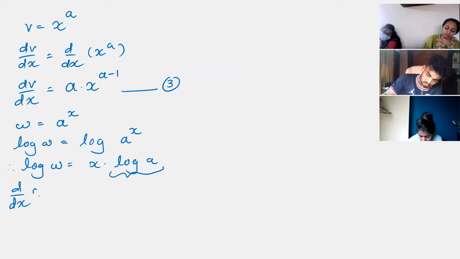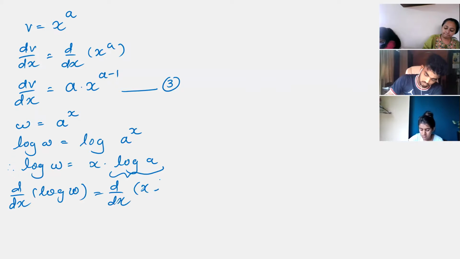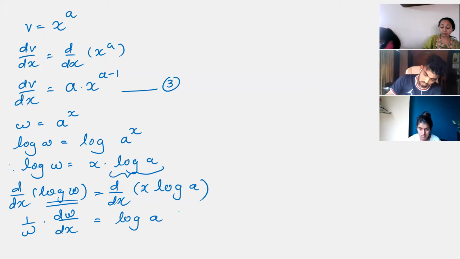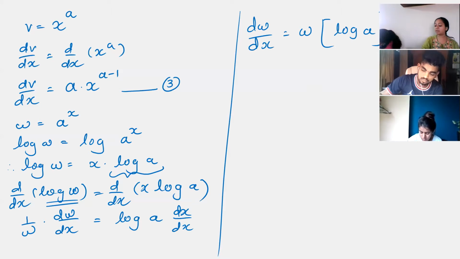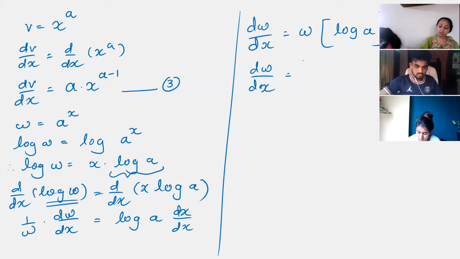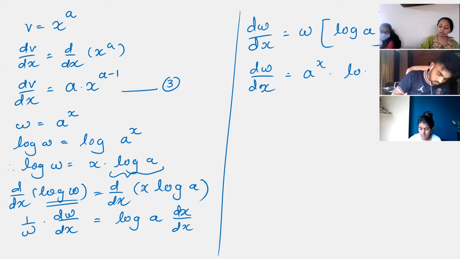So if you do differentiation on both sides, for log w it will be 1 by w dw by dx. Your log a will be out because it is constant with respect to the differentiation. And that is how dw by dx is w into log a. Why? Because dx by dx is 1. So that is why dw by dx is w, that is, a to the power x into log a.